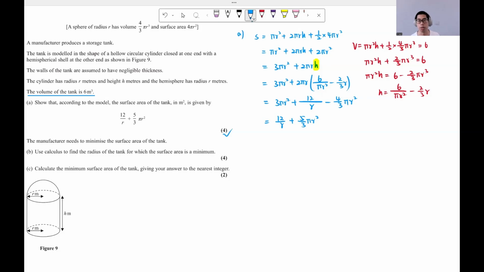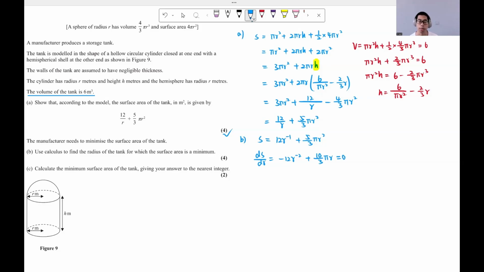If it's a quadratic, you can also complete the square, but this one is clearly not a quadratic, so we differentiate. Write it in an easier form: S equals 12 r to the power of -1 plus 5/3 pi r squared. Differentiating, dS over dr is equal to -12 r to the power of -2 plus 10/3 pi r. Then we let it equal 0 to solve it.